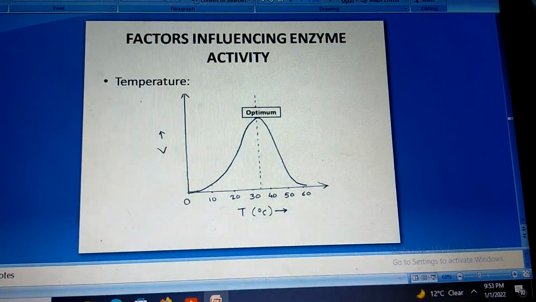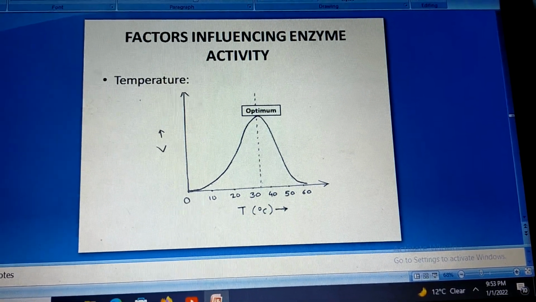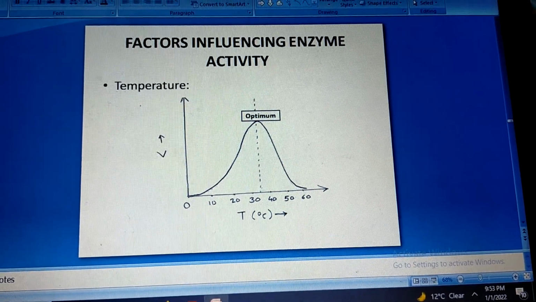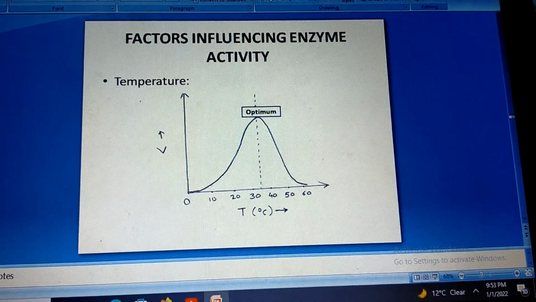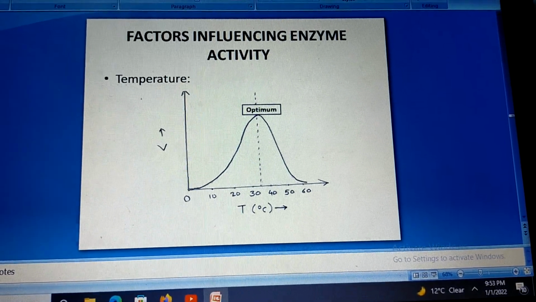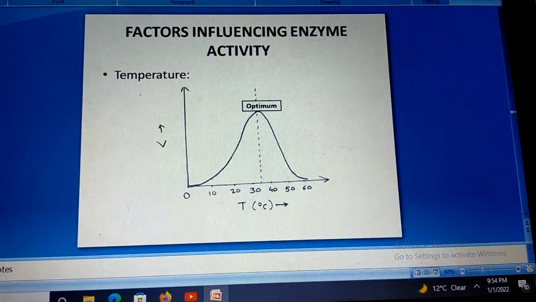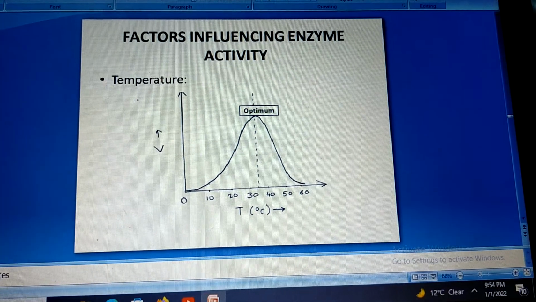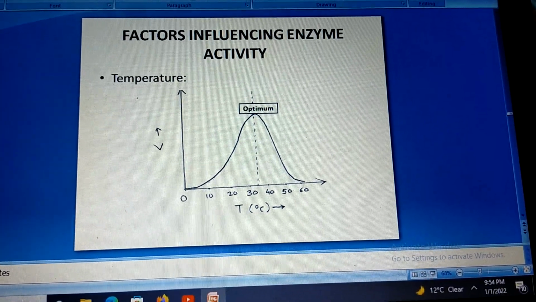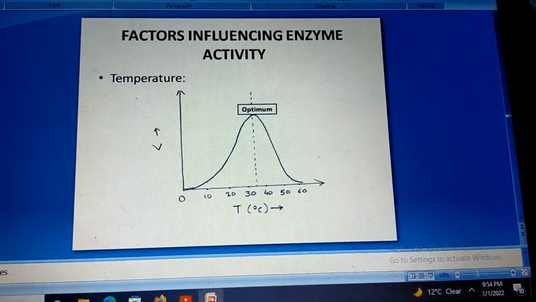Denaturation means the enzyme becomes unfolded. Due to unfolding of the enzyme, the functional groups at the active site go away from each other, and hence the enzyme becomes functionless. So if we increase the temperature beyond optimum temperature, the enzyme loses its activity and velocity of the reaction falls.